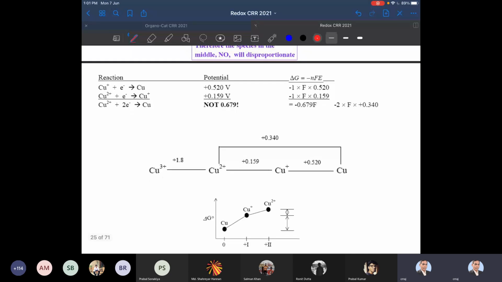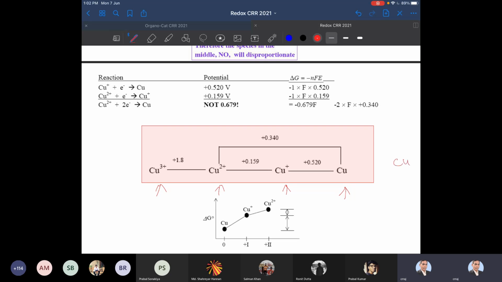Only this slide. What I have shown here is copper, very similar to what I have shown for iron. This is the diagram for the potential data, the Latimer diagram for copper. What are the species involved? Copper 0, copper 1, copper 2, and copper 3 plus. You may be surprised whether copper 3 plus really exists. Yes, in some of the complex molecules, organometallics, it is there.